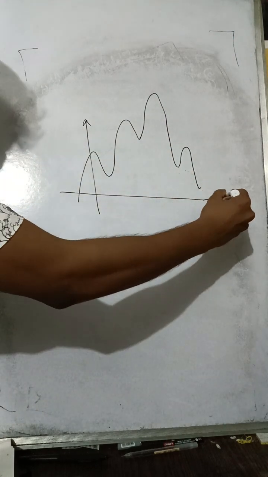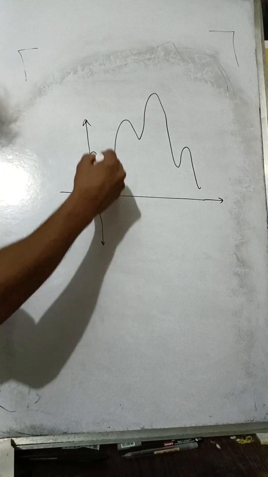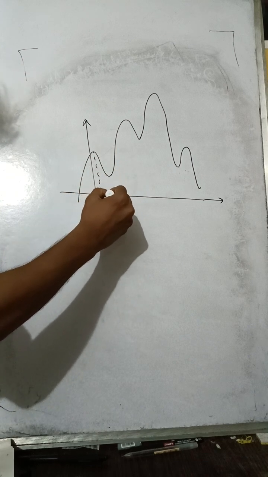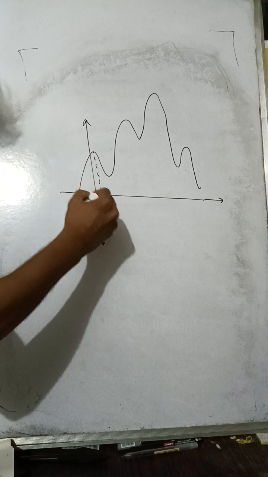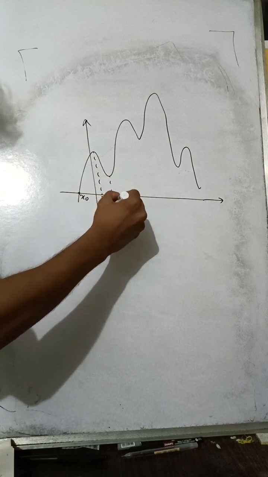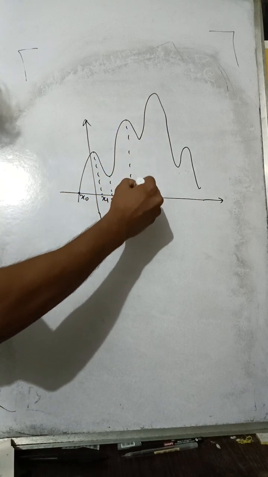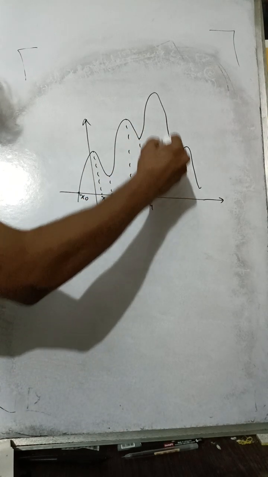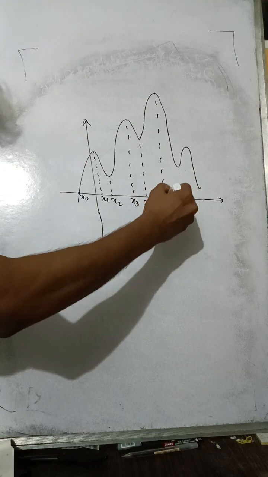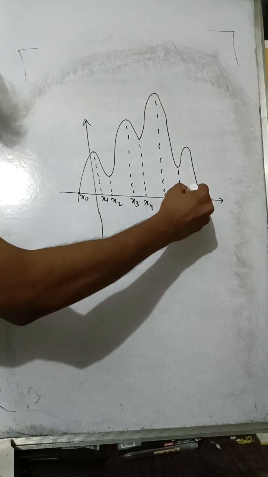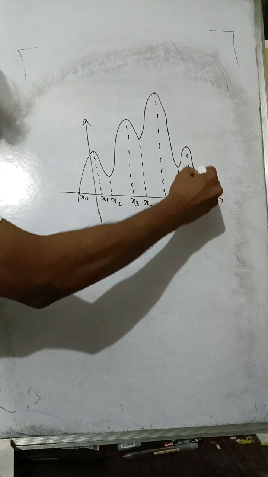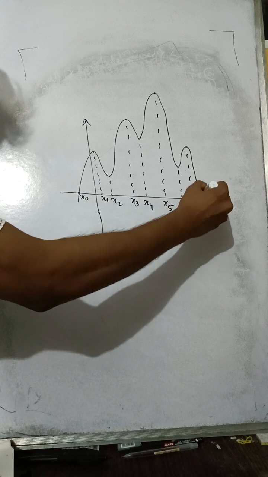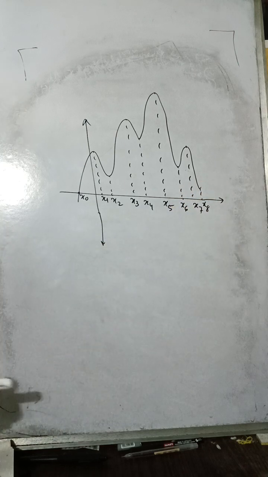Suppose this is x0, this is x1, let this be x2, x3, x4, x5, 6, 7, x8.